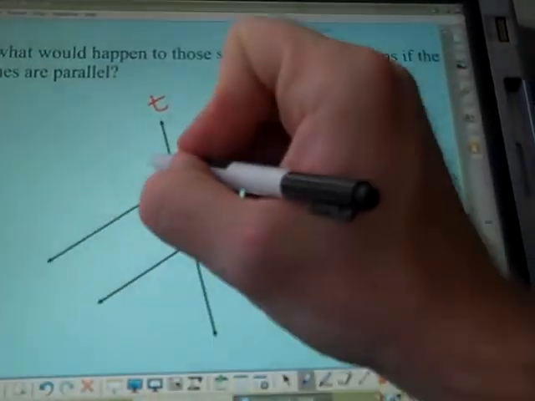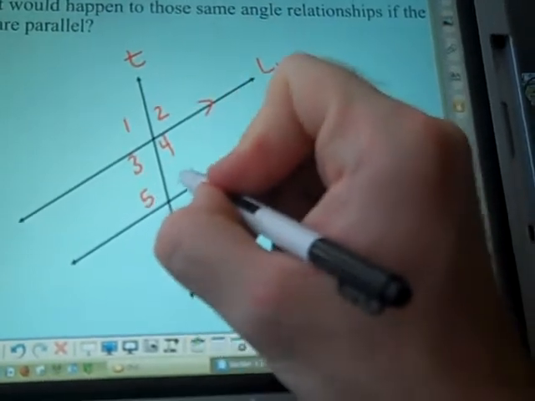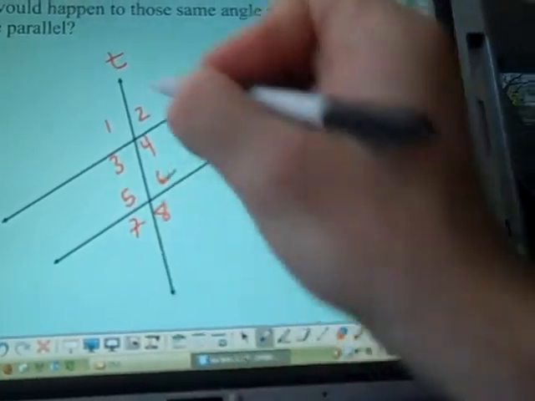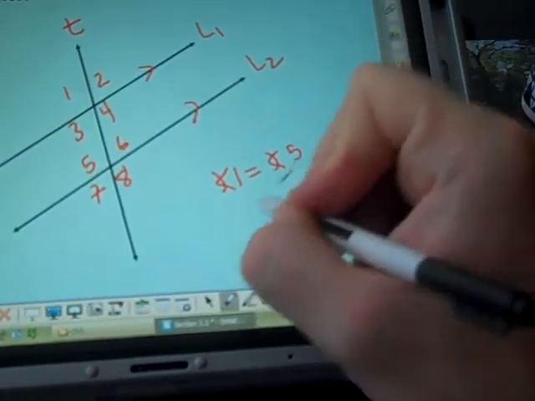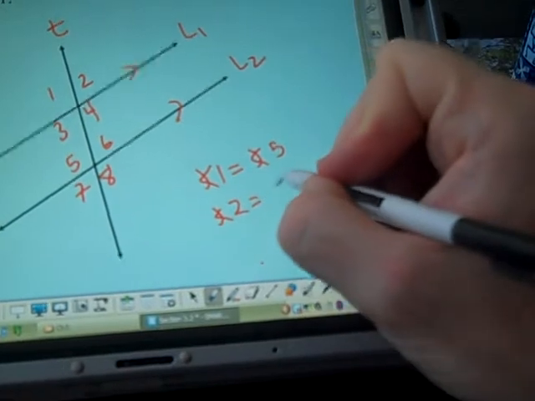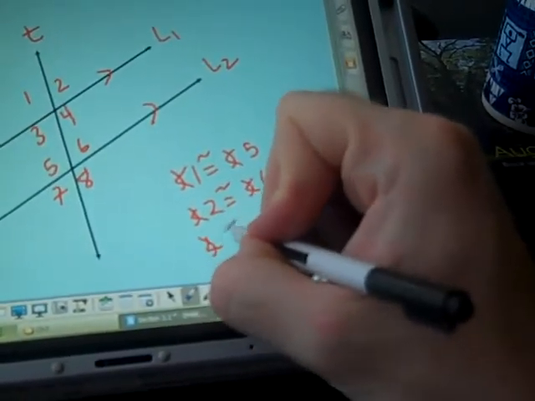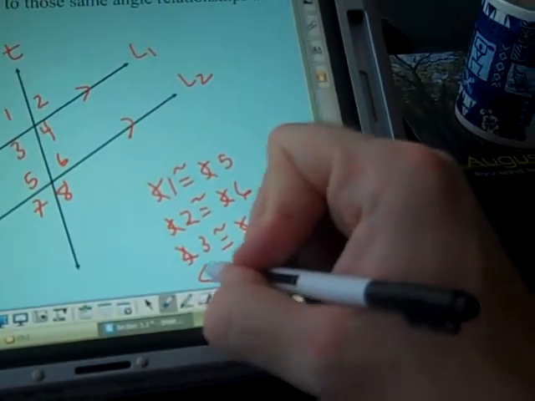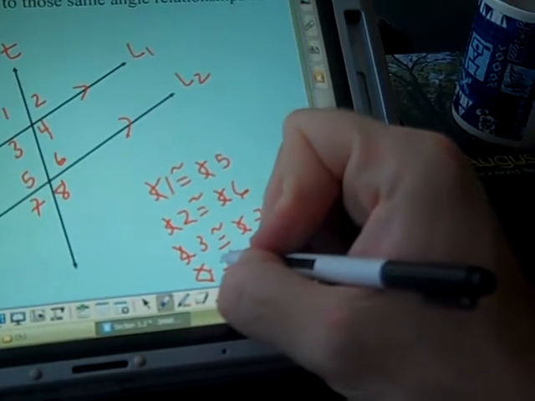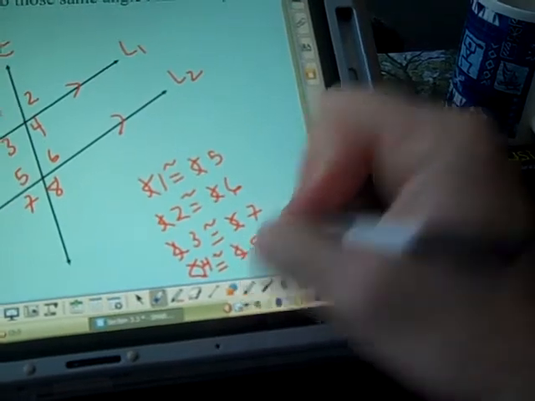Okay, what postulate 15 states is our corresponding angles are now all the same, meaning that angle 1 is congruent to angle 5. Angle 2 is congruent to angle 6. Angle 3 is congruent to angle 7, and angle 4 is congruent to angle 8.